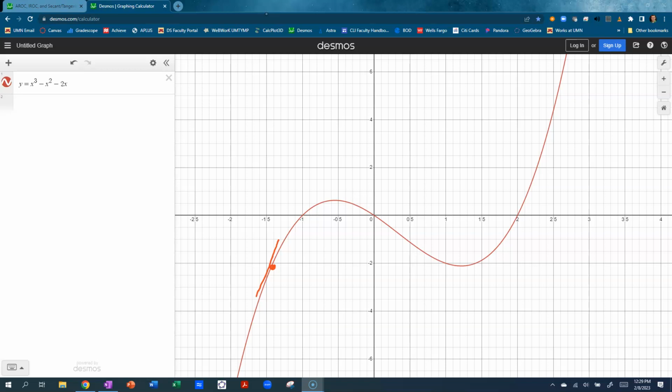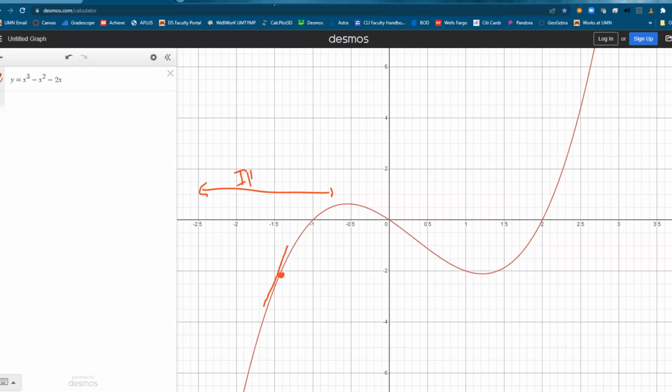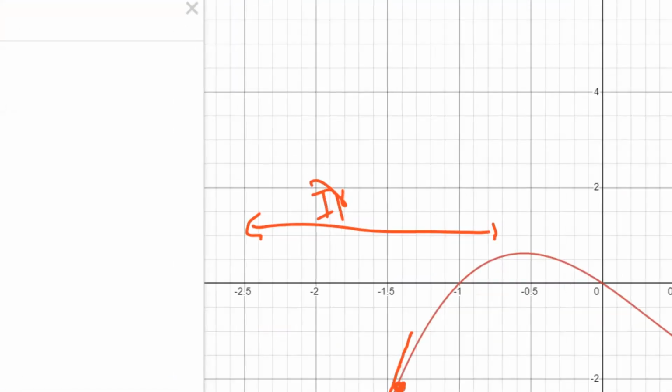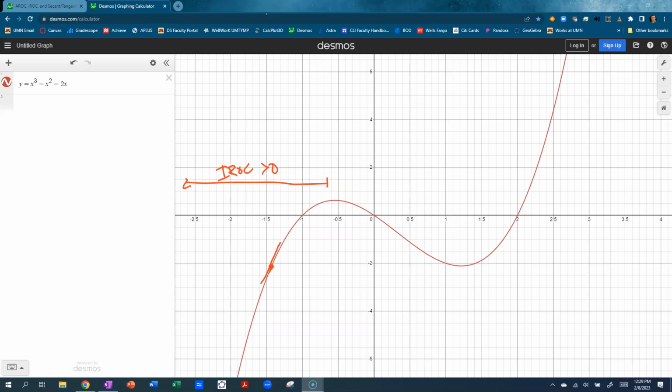So there, does that line have positive slope, negative slope, or 0 slope? It's positive slope, right? So I'm going to say that in this region, at least right here, this was a representative point, but all in this region here, so from maybe here on, I'm going to say the instantaneous rate of change is positive because the slope of the tangent line would be positive.